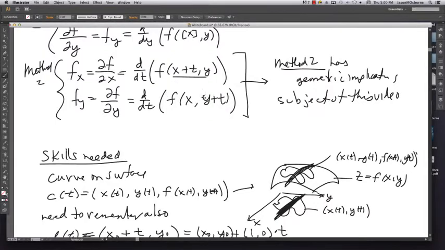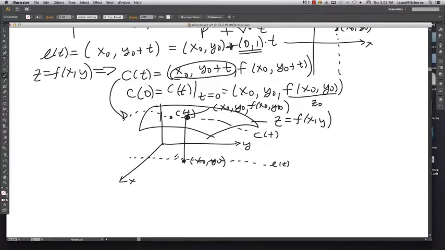When you do this other partial derivative, you're going to let x be some number, or leave it alone, and then be y plus t, in which case you'd be looking at a curve going in this direction. So nothing really crazy, no crazy curves down here, just straight lines. Paste that curve onto the surface, and now you have these lines that intersect here at the point x, y, f of x and y. And my claim is that the partial derivative has something to do with these curves, and that's what we need to discuss now.